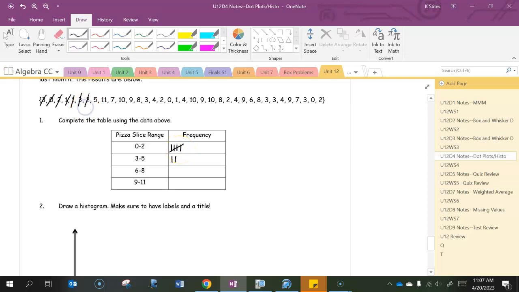So that's 5, and then I have a 5, and 11, a 7, so you just need to put them in the right spot. 10 would be between 9 and 11, 9, 8, 3, 4 is my 5th, so I do a slash, 2, 0, 1, 4, okay, and then I've got 10, 9, 10, I've got 8, 2, 4, 9, 6, 8, 3, 3, 4, 9, 7, 3, 0, 2.